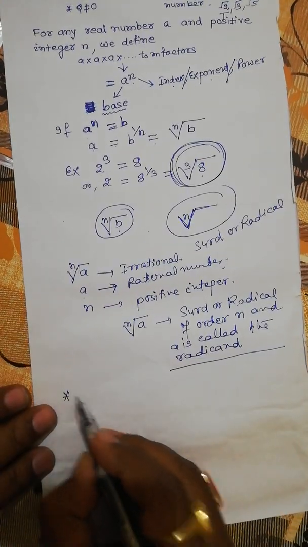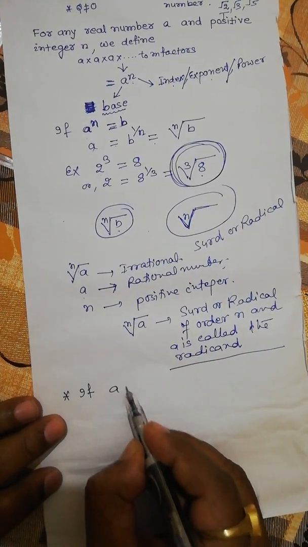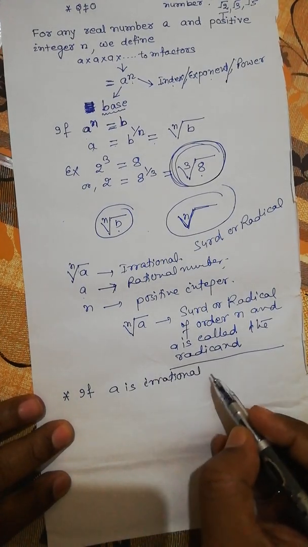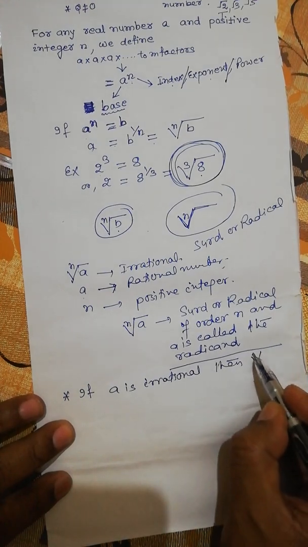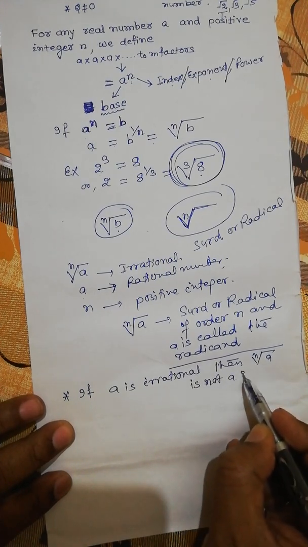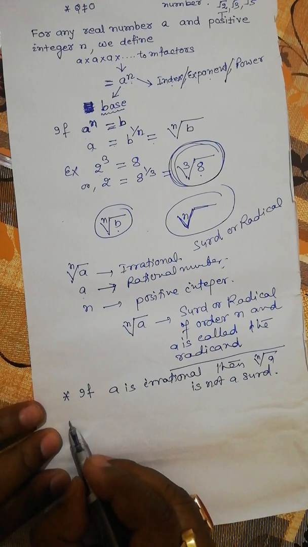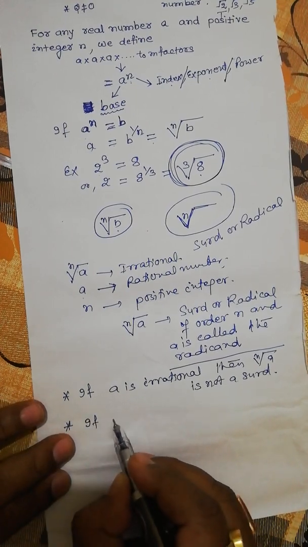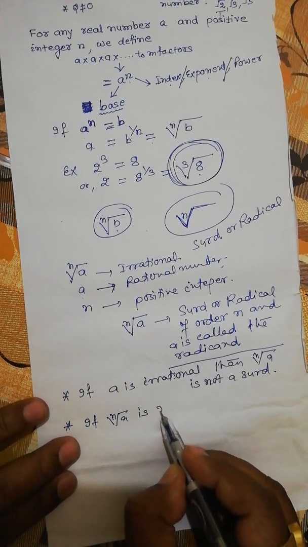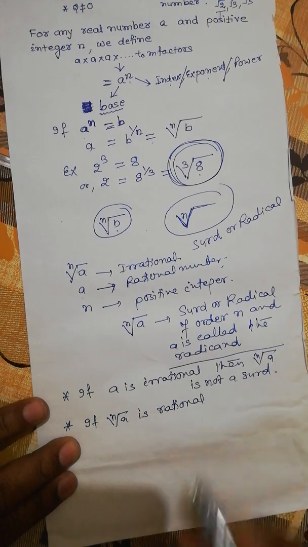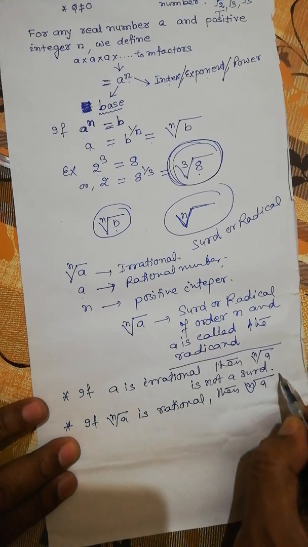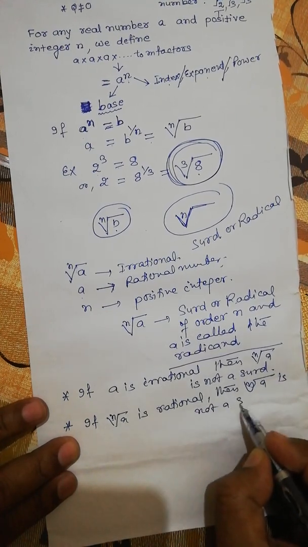First point, if a is irrational, then the nth root of a is not a surd. Second point, the nth root of a should be irrational. If it is a rational number, then the nth root of a is not a surd.